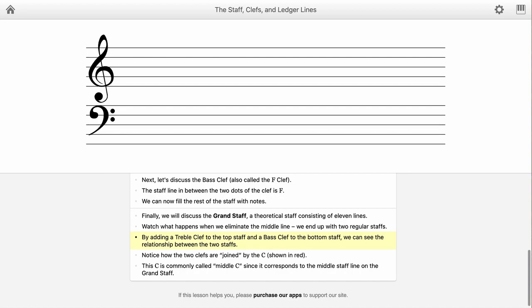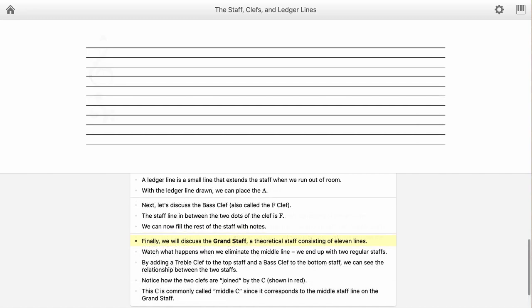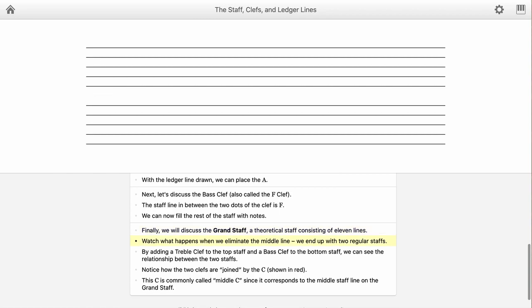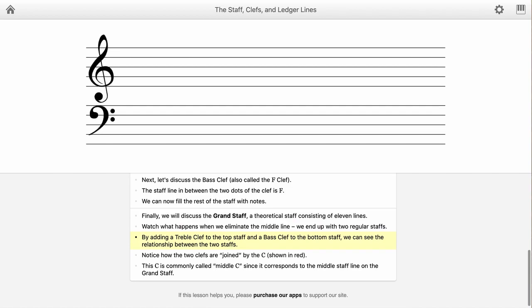By adding a treble clef to the top staff and a bass clef to the bottom staff, we can see the relationship between the two staffs. So remember, we started with 11 lines. We took out the middle line, and we ended with two separate staves and our clef signs at the front.